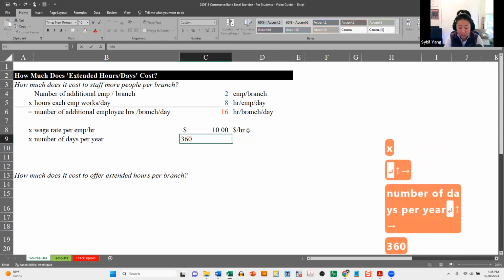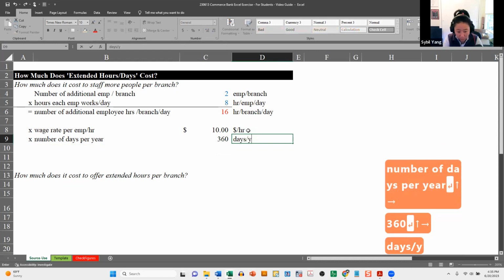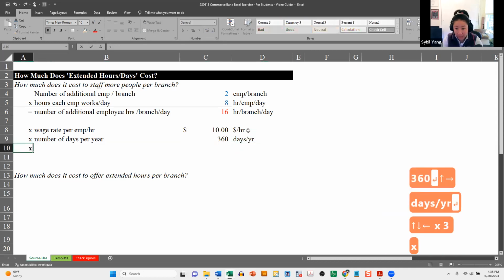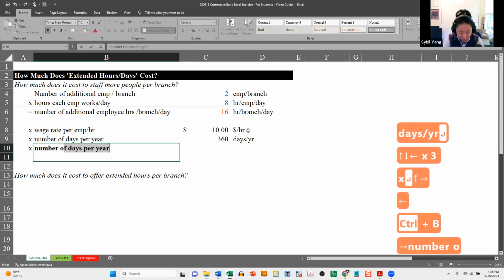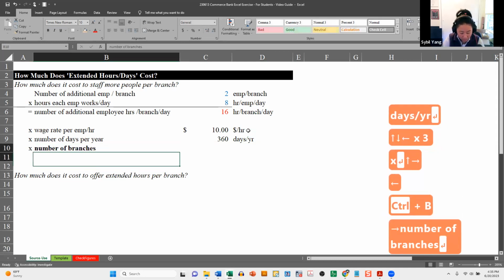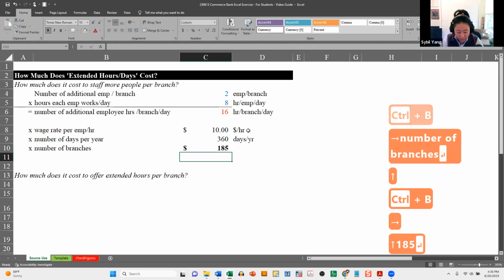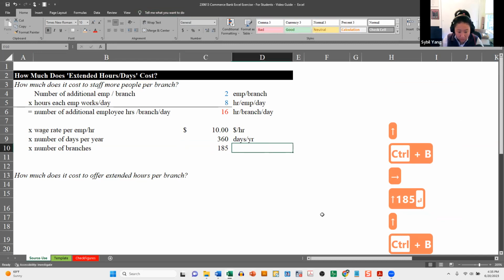I'm going to say 360, since there are probably some federal holidays they have to take off. And then the number of branches, which was given in the case as 180 branches.